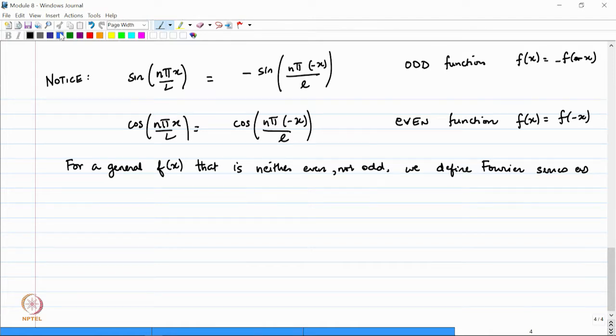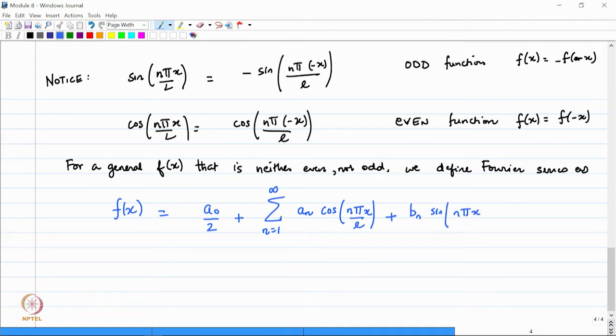So f of x is equal to a 0 by 2 plus sum over n equal to 1 to infinity a n cosine of n pi x by L plus b n sine of n pi x by L, where a n and b n.